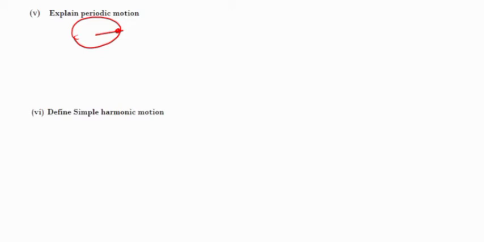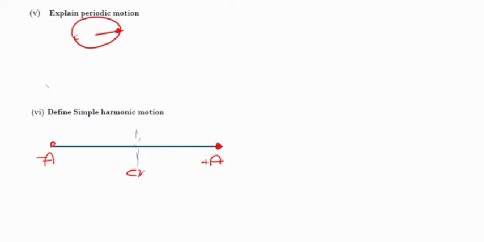Before that, you should better watch the first video of the series. So this is the equilibrium position, and these are the two extremes, the positive extreme and the negative extreme, known as the amplitudes.